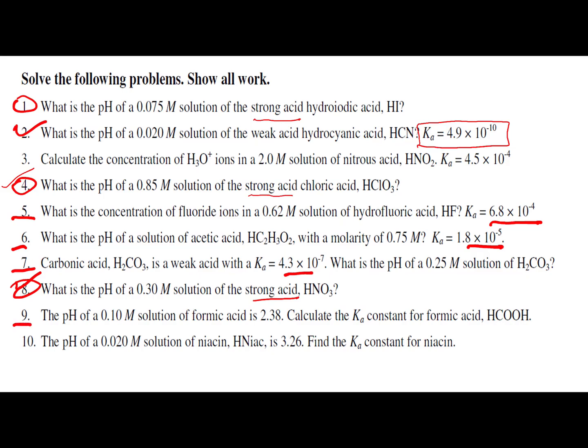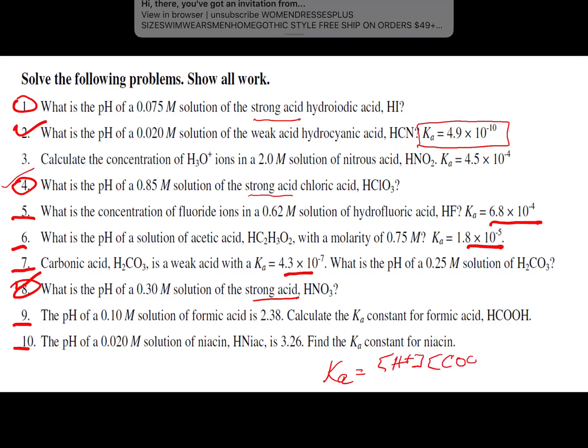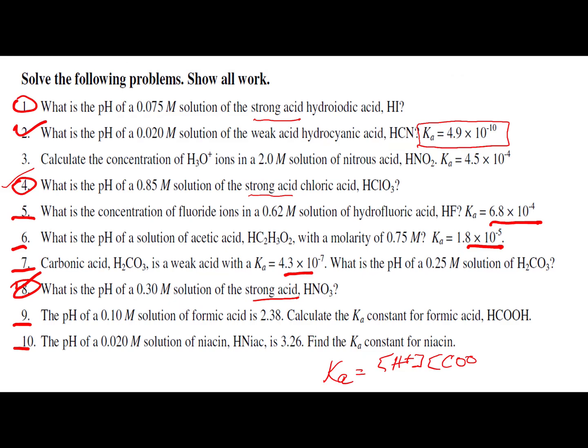Now, 9 and 10, we get to work backwards. We are given the pH, and we can calculate the Ka. So remember, for weak acids, in this case, Ka will equal the hydrogen ion concentration times the HCOO minus concentration, over HCOOH.